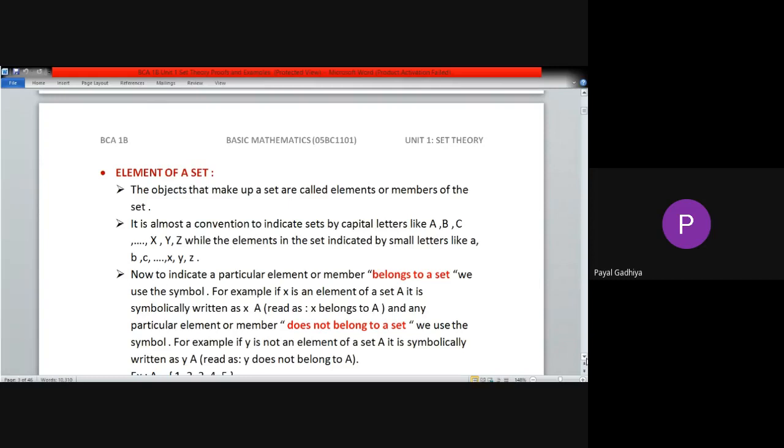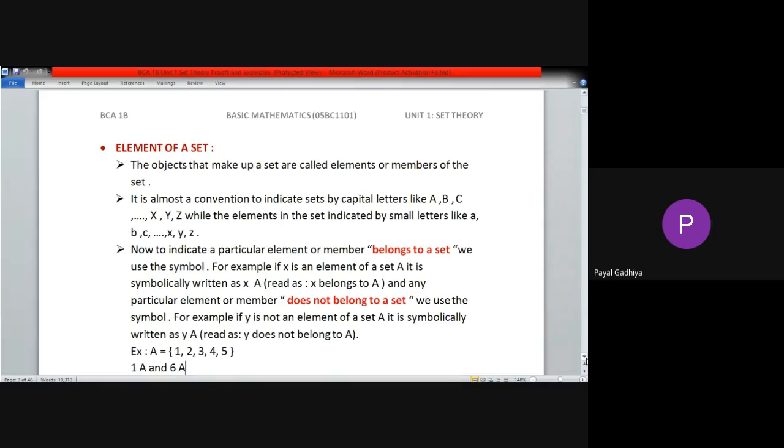Then it is almost a convention to indicate sets by capital letters like A, B, C. So whenever you are representing a set, you have to denote it with capital letters only. And whenever you are writing elements of a set, you have to use small letters only. So the name of the set will be in capital letters and elements will come in small letters, like small a, b, c.